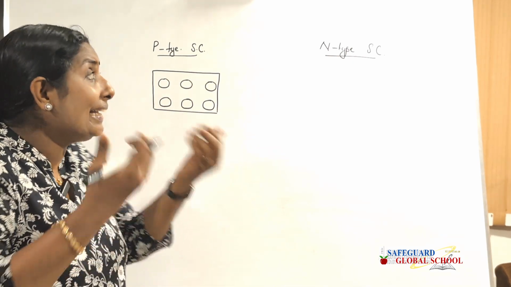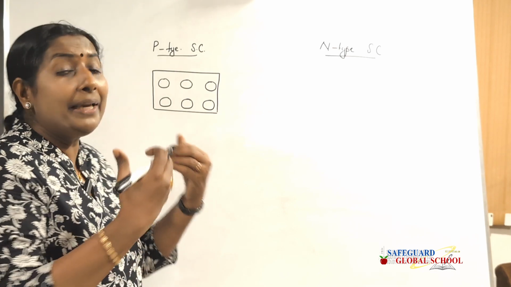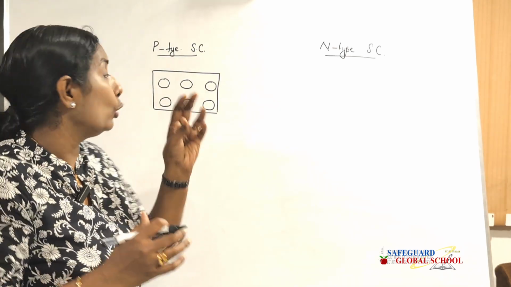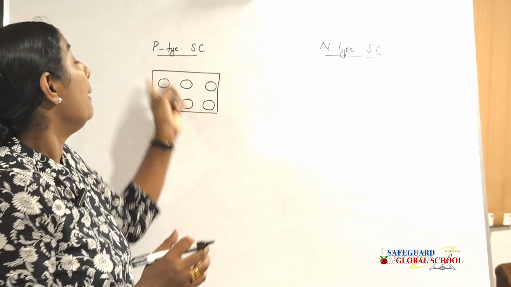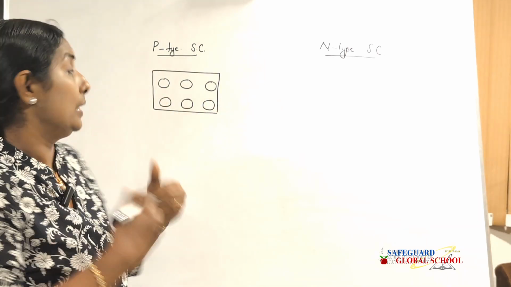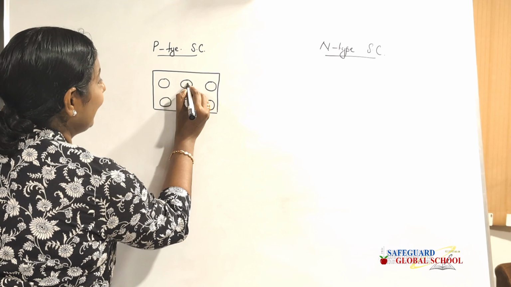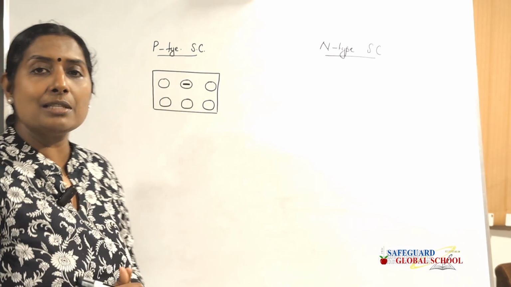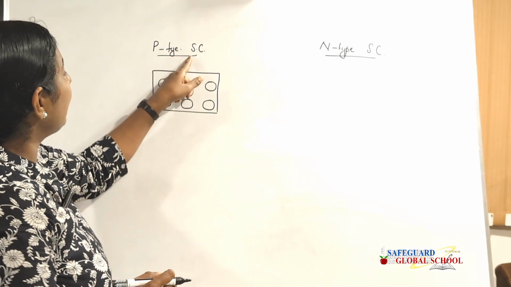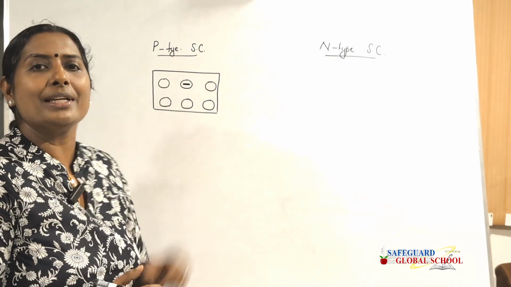So when they take an electron, atom being neutral, what should be the representation on the atomic core of a P-type dopant? It will be represented by negative. Usually children always make a mistake that if it is P-type, they draw positive. No, it is wrong children.